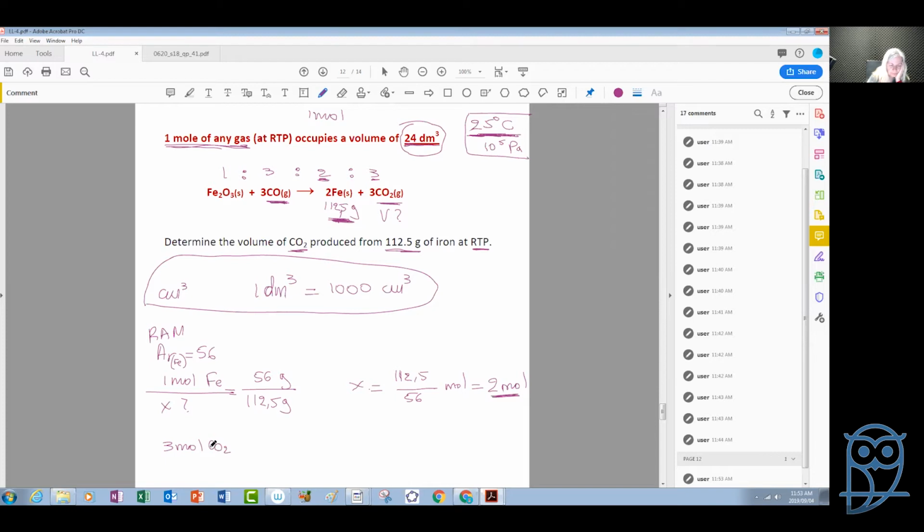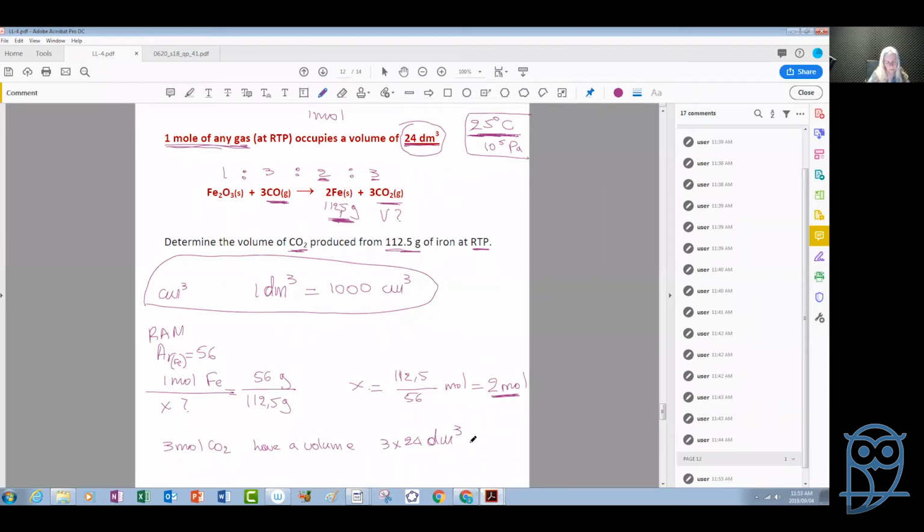And since 1 mole of carbon dioxide has a volume of 24 cubic decimeters, because 1 mole of any gas has this volume, that means the 3 moles of carbon dioxide have a volume of 3 times 24 cubic decimeters, isn't it?